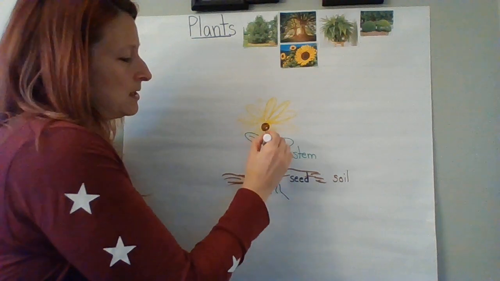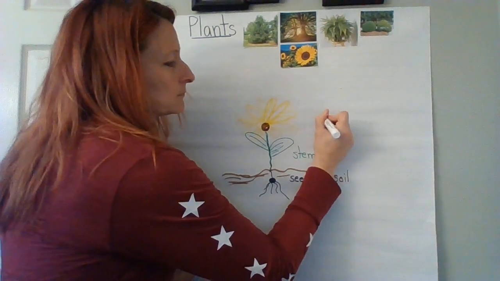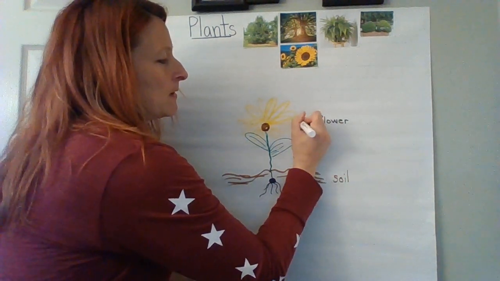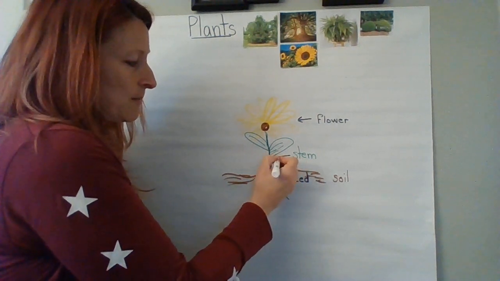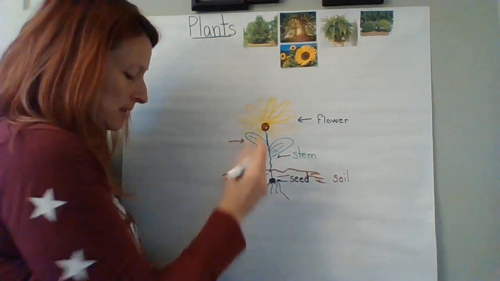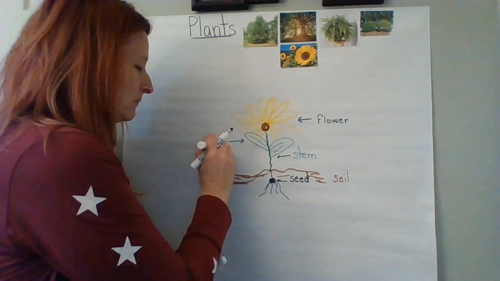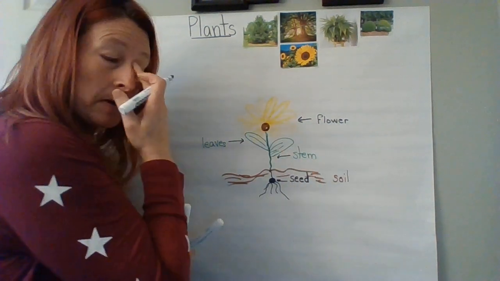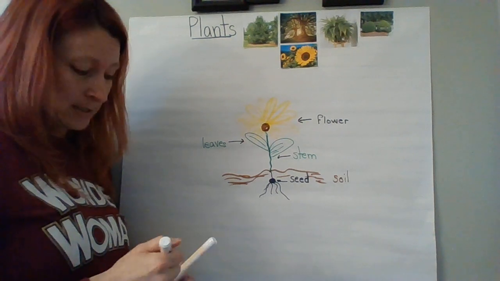So that would be my flower. So you start with the seed. The stem grows. Oops, I didn't label it. Then there are leaves, and then the flower. So those are the parts of a plant.